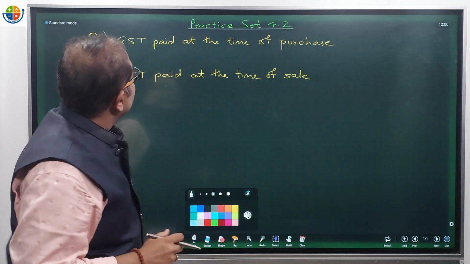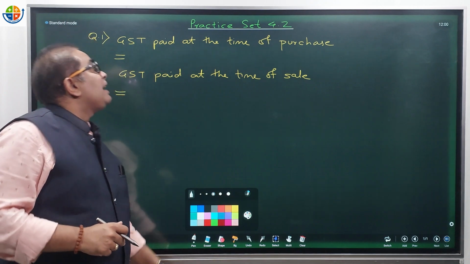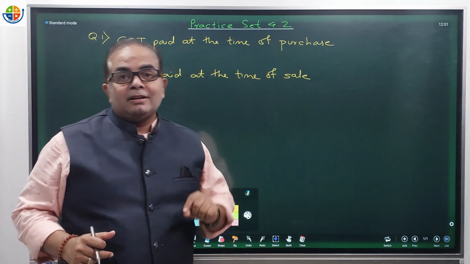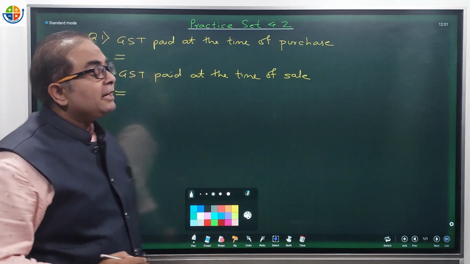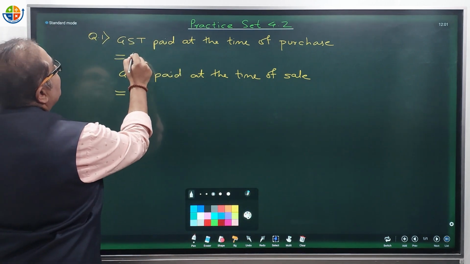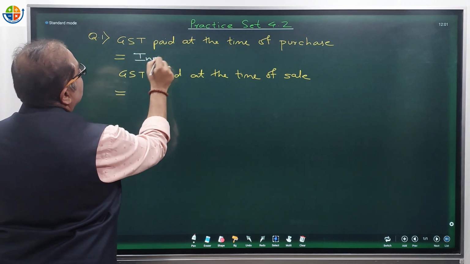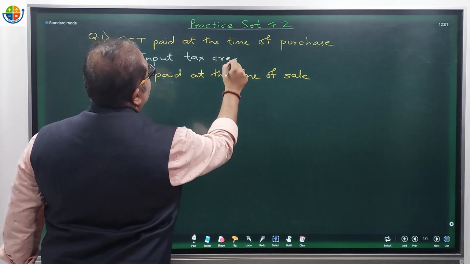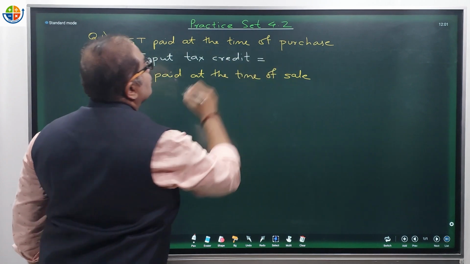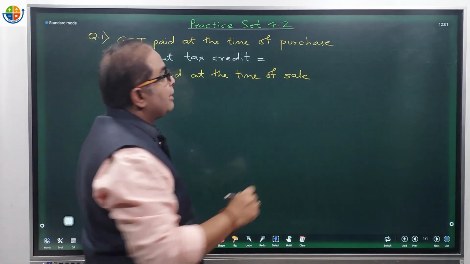Okay. Now here, the GST paid at the time of purchase, what does it mean? It must be input tax credit. So I will say it is input tax credit, and it is rupees 1,500,000.